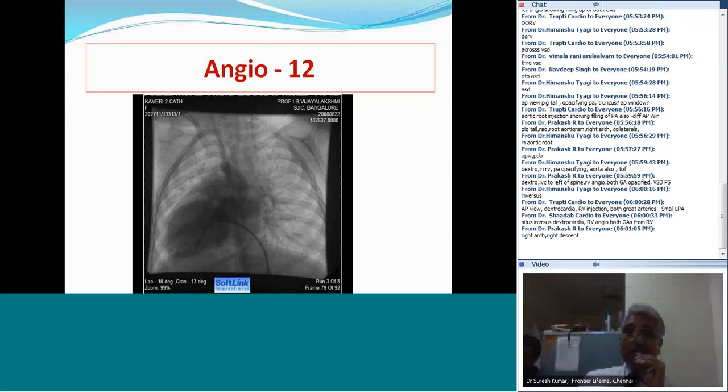What about a wall thickness greater than 3 centimeters? This has been found to be related to sudden cardiac death, as is family history of sudden death. So these are the various factors that would indicate high risk.